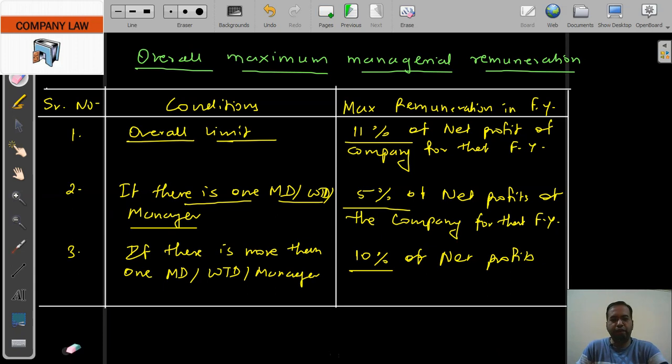So one has to understand these three limits: the overall limit, and if there is one MD, WTD or manager, 5% of the net profit. Net profit has to be calculated as per section 198. Can this limit be exceeded? In the general meeting, if a special resolution is passed with the approval of the company, then it can be exceeded further.